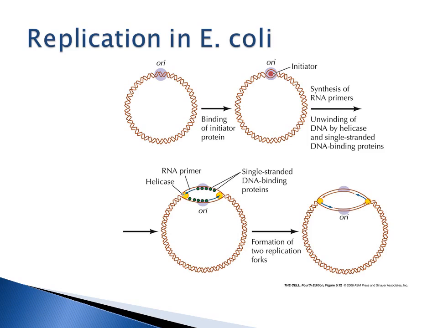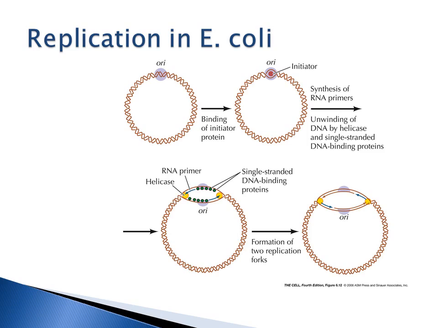In bacteria, such as E. coli, you have one origin of replication. You have proteins that are going to come in and bind to that origin of replication. You're going to have your enzymes that are going to unwind the double-stranded DNA so that you can replicate. So in E. coli, you have your helicase that's going to come in and unwind that double helix.